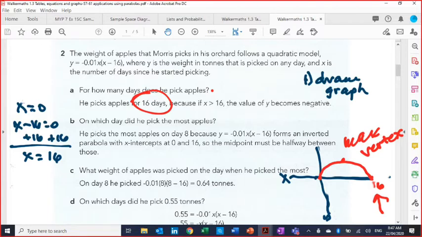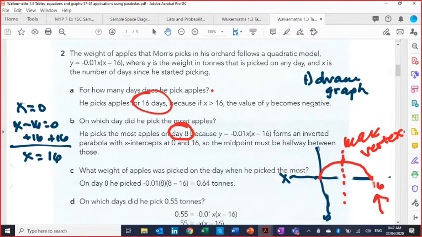And we can find the x value because it's halfway between 0 and 16. And halfway between 0 and 16 is day 8. So on which day did he pick the most apples? On day 8, because that would be where the vertex is.